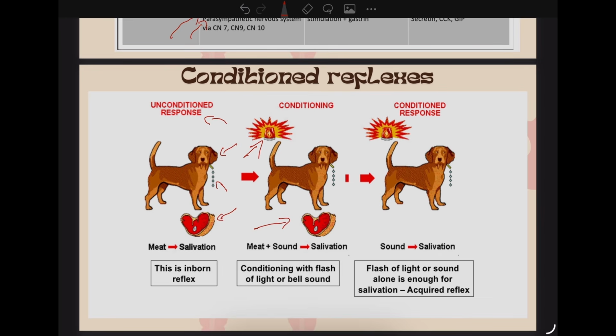Because of this repetitive pattern that the dog has started to notice, I see food, I hear the bell, or I hear the bell, I see food, he's developed what we call a conditioned response, which is that even when there is no meat, just hearing the sound is enough for him to start producing saliva. Can you understand this point? Because now he had developed a connection that whenever he hears the sound, it means there is food. So his body starts preparing.